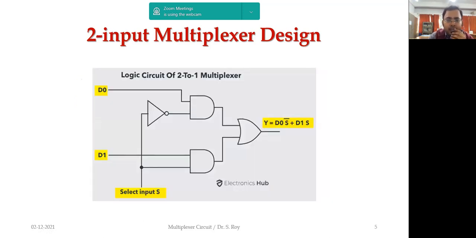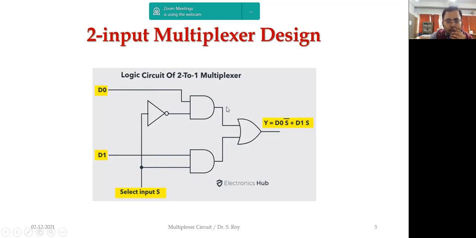So if I design that, the circuit is very simple, right? 2 inputs are there and one select line is there. Here I'll rename I0 as D0 and A as the select line S. We connect a NOT gate to this select line, so it will be S bar, and D0, the first input line, is connected through an AND gate.